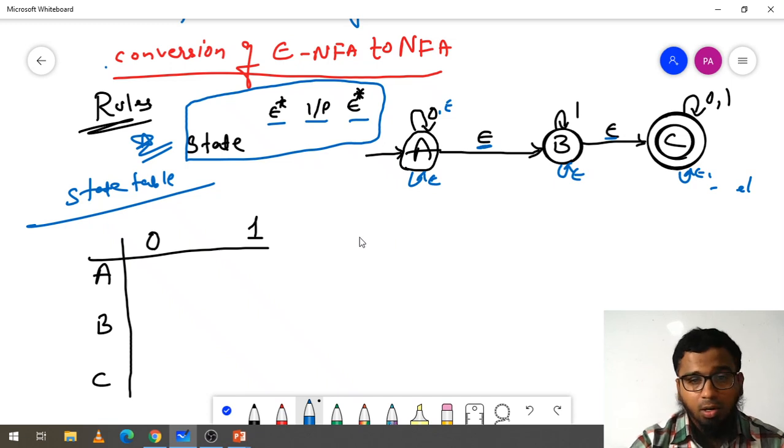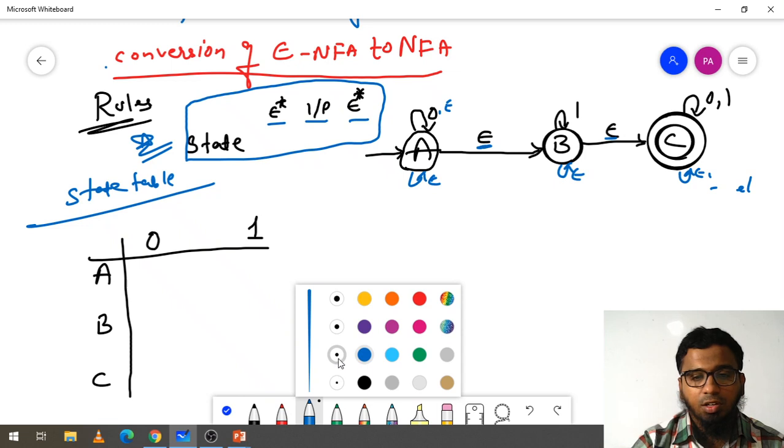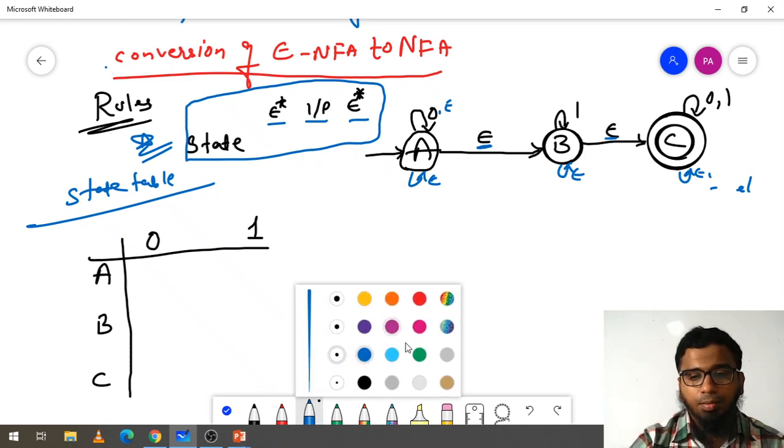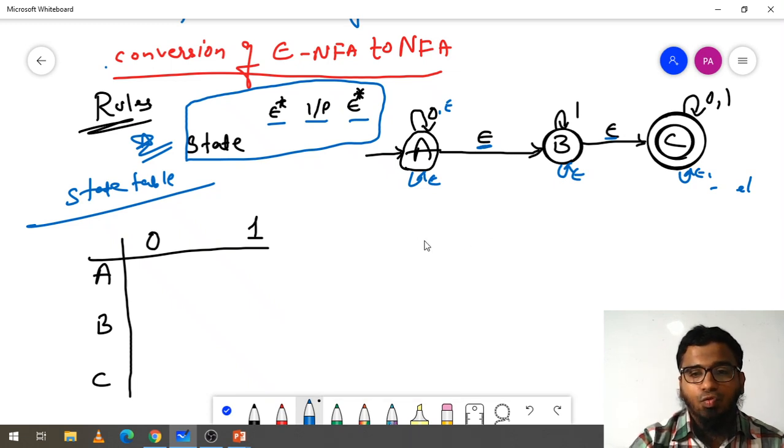So first, what is the state? First state is A. So take the initial state A. What is the state here?